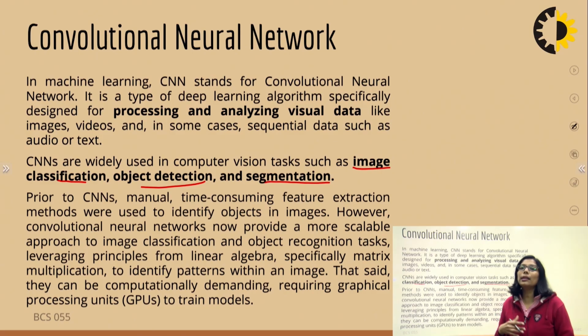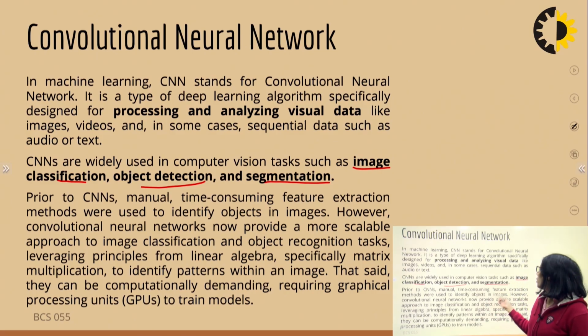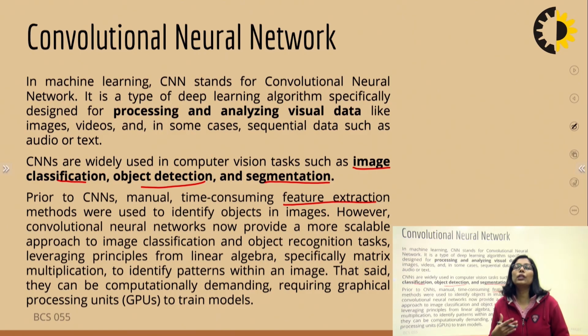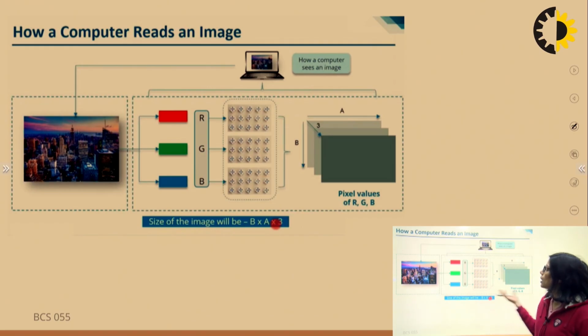Prior to CNN, we used to have manual feature detection, in which we manually extracted the features from an image and then found out what image it was. That was a very cumbersome process and it took a lot of time. So now we are using CNN. When we talk about an image, how does a computer read an image?